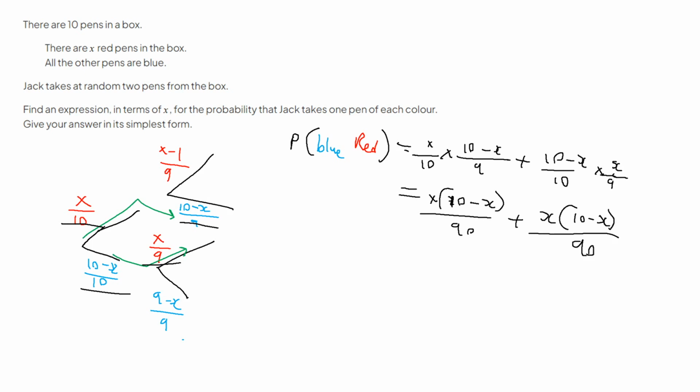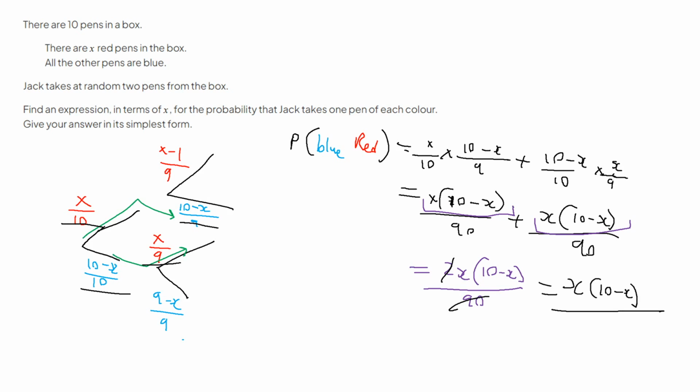Well, given that these two are the same, we can leave that as 2X times 10 minus X over 90. And we can cancel out the 2's on each side. So we're left with X times 10 minus X all over 45. And that is our final answer.